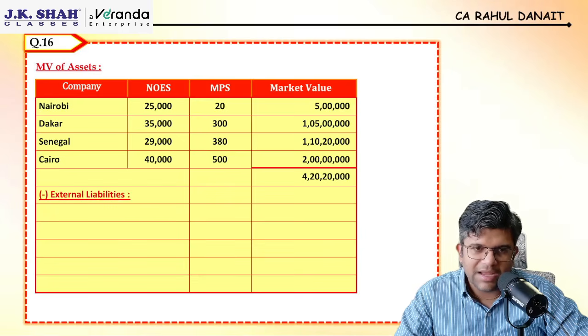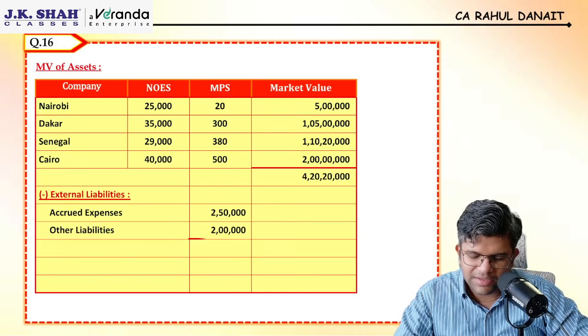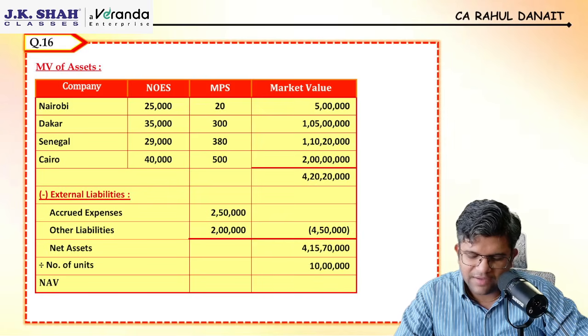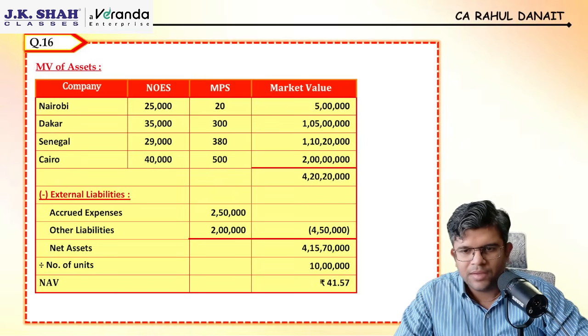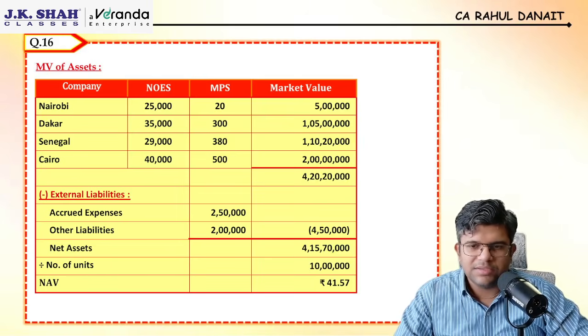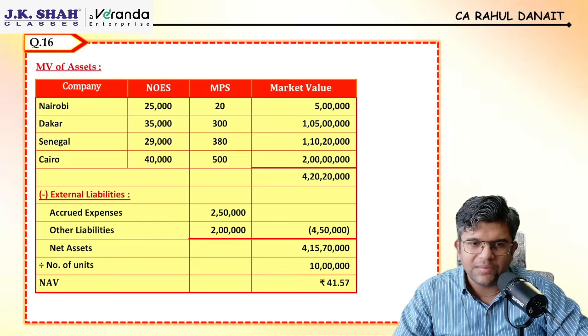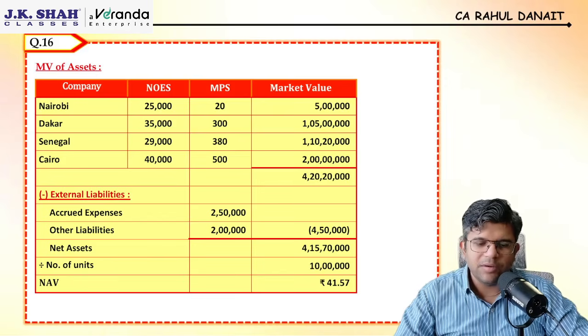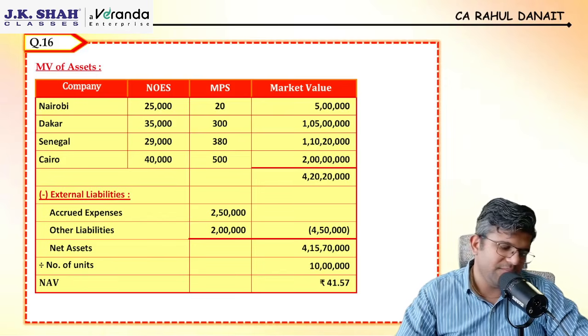Minus external liabilities. Accrued expenses, other liabilities, total liabilities, net assets, divide by number of units, NAV. Give me a Y. Understood the whole presentation? Neat and clean. Okay. Start, please. Complete it. If anyone is struggling with any number, or anyone wants me to repeat, please don't feel shy. Please ask.